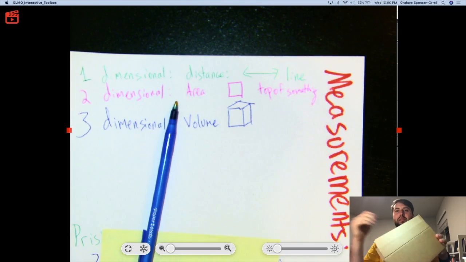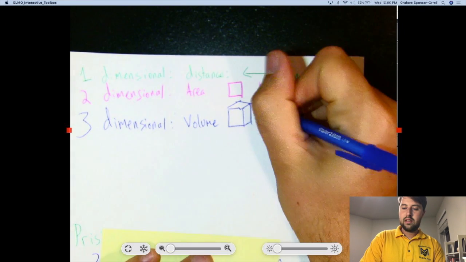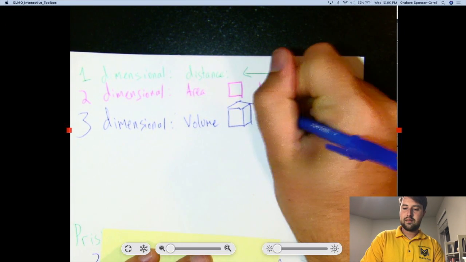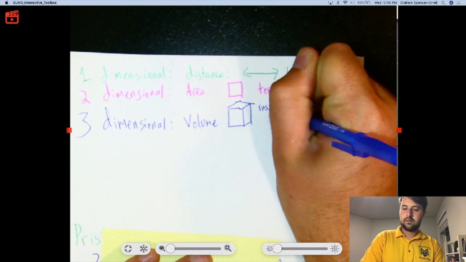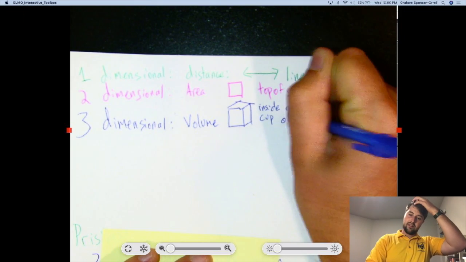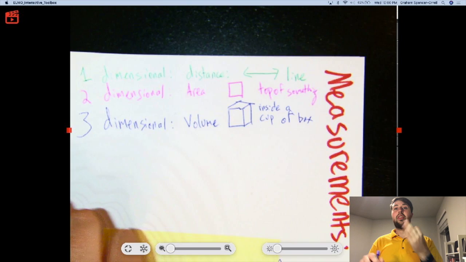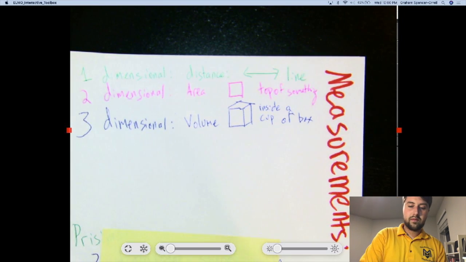The volume is going to be what's on the inside. So I'm going to say inside a cup or box. And volume is the amount of space on the inside of a three-dimensional object.